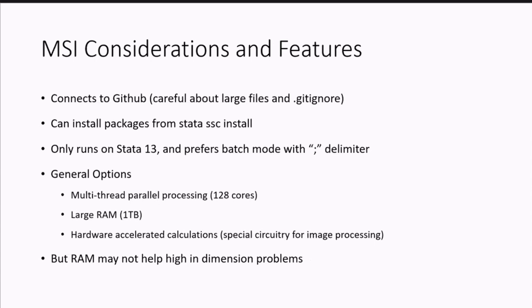So, some considerations for code in the MSI environment. First, it does connect to GitHub. So if instead of going through the Globus client, like I suggested in the first video, you want to install a package or install some special utility using GitHub, that is possible. You will be scanned for stuff when you go through the Supercomputer Institute, because they have very high security protocol standards, because the supercomputer is a very expensive machine and they don't want you to break it.